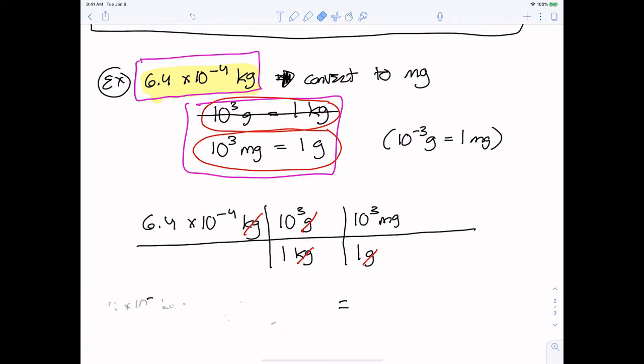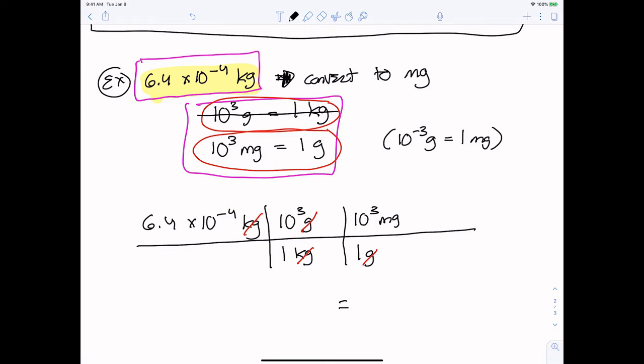You just need to make sure that you're multiplying and dividing by the correct things. So when you're typing into your calculator, everything on the top gets multiplied and then it gets divided by everything on the bottom. So I would do 6.4 times 10 to the negative fourth using my scientific notation button. And then I would multiply it by 1,000, is probably how I would do it because it's easier than 10 to the third. And then I would multiply it by 1,000 again.